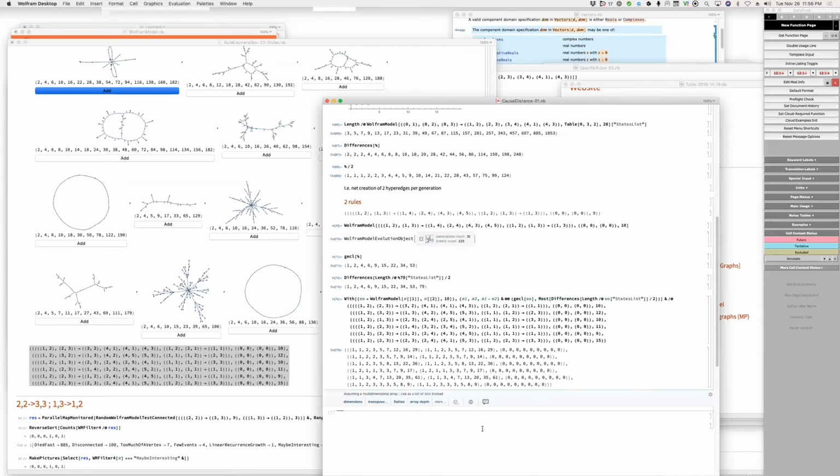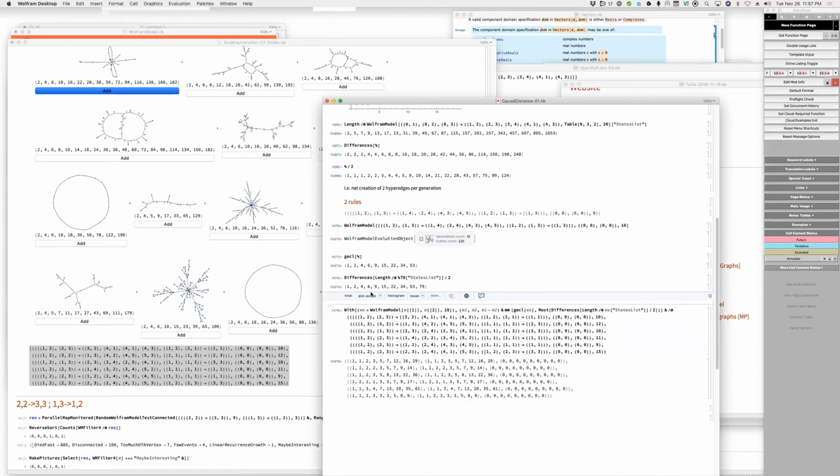I guess it doesn't use the second one. Well, let's try for a bigger class here.